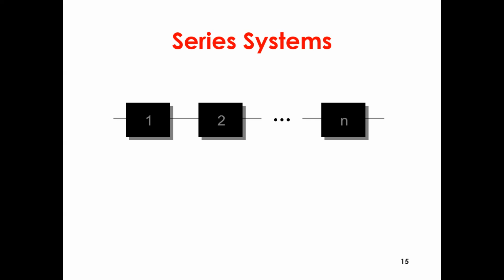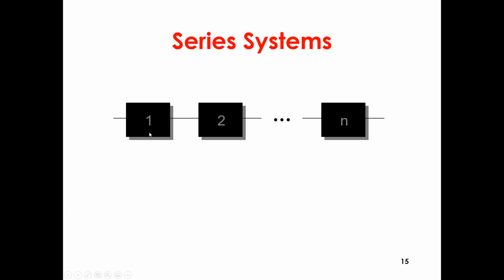For those of you who have done physics in high school, you must have come across resistors in series and resistors in parallel. But right now, we want to look at the reliability of a series system, and this is the way the series system looks like.